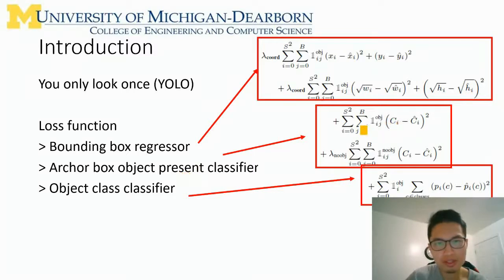The second is the object presence classifier for the anchor box. The final one is the object class classifier, which classifies the object in the anchor box that contains an object.